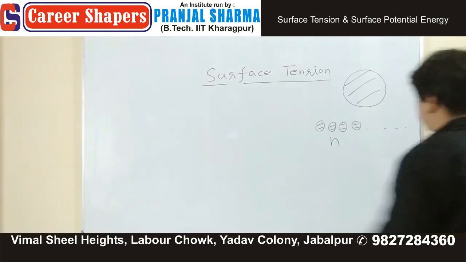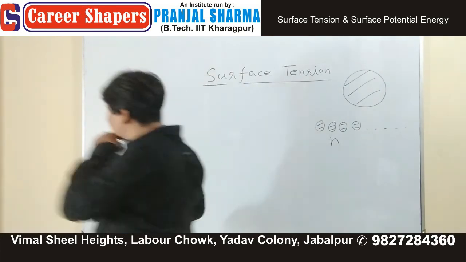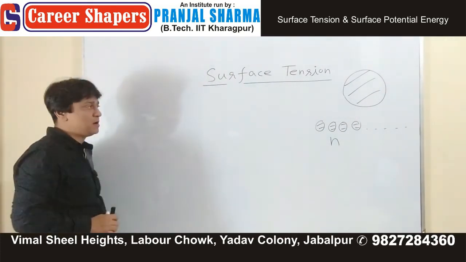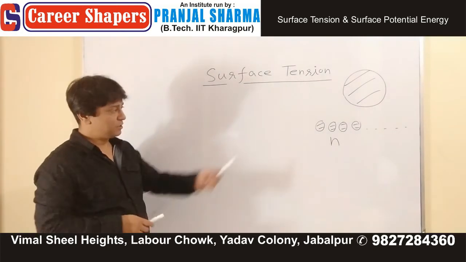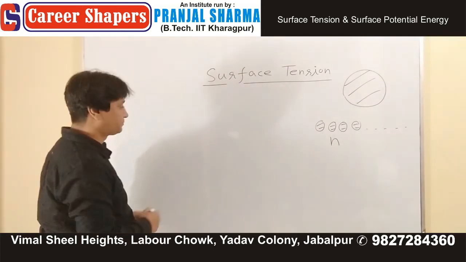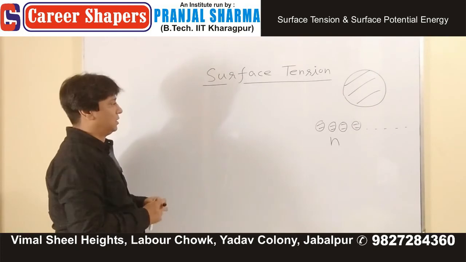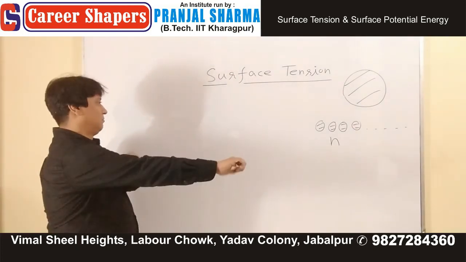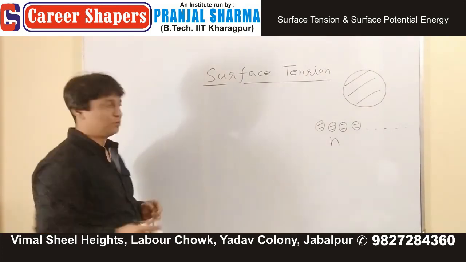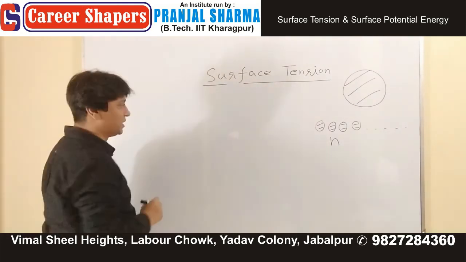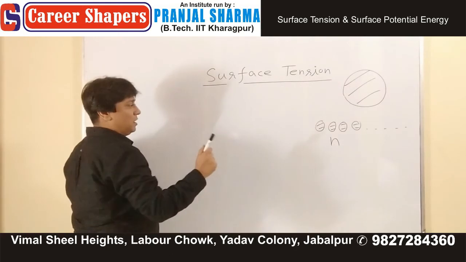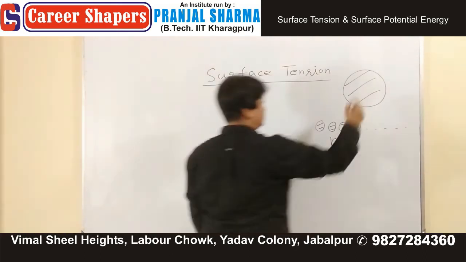The question is, what happens to surface potential energy when a big drop like this splits itself into smaller drops? Look here. Although intuition says something, and it tells us that surface area should increase. Well, let's start with this.